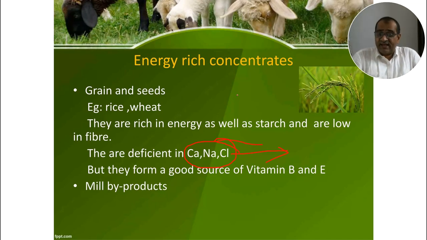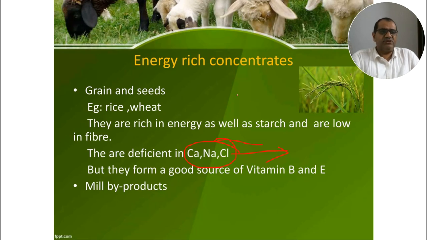But rice and wheat are a good source of B complex vitamins and vitamin E. The problem is that they are the food of human beings, so we cannot directly put them into cattle feed, because we need self-sustainability for human beings first, then we will look after the cattle.